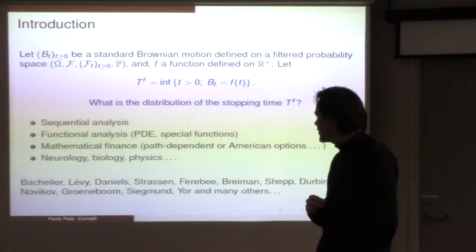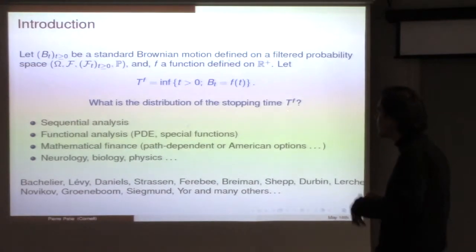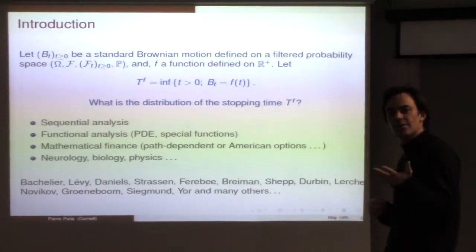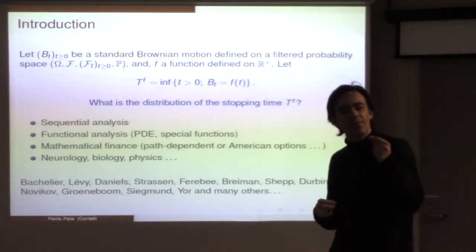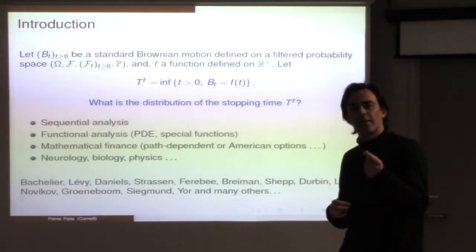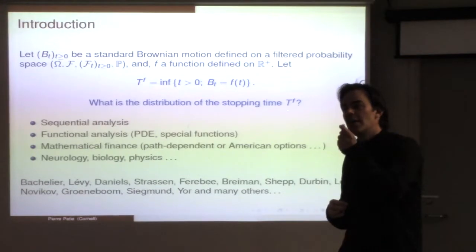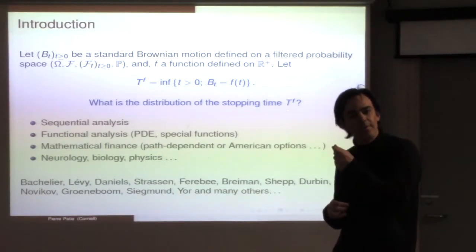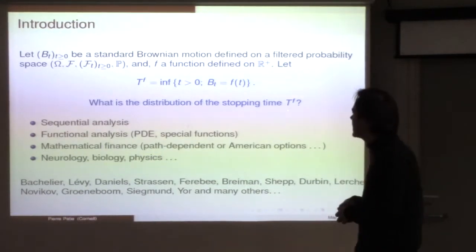The question is to understand the time at which the neuron will transmit the information, which corresponds to the first passage time of the dynamics to a fixed level. You can transform this problem into the first passage time of Brownian motion to some moving boundary.